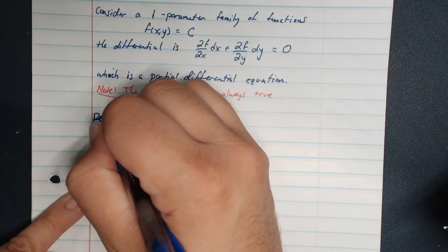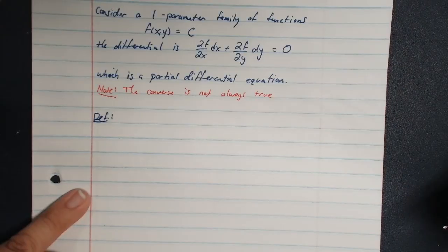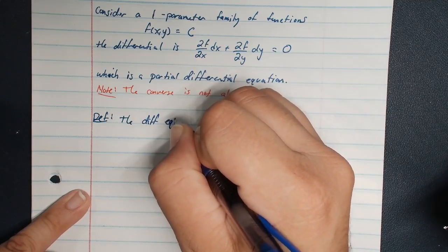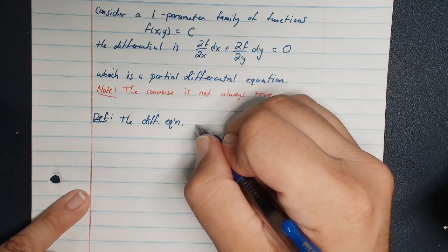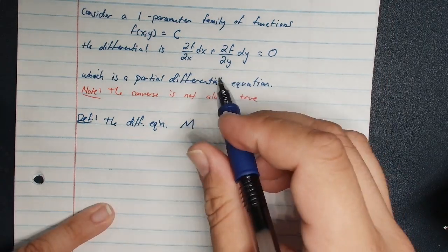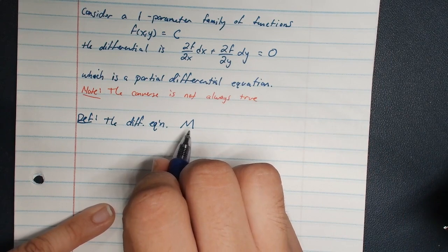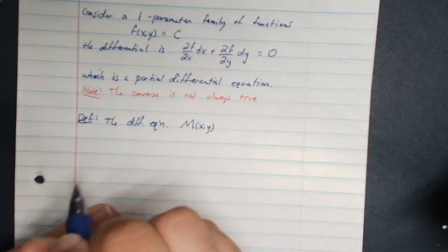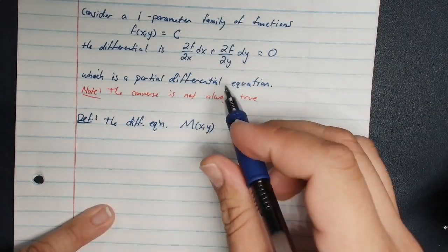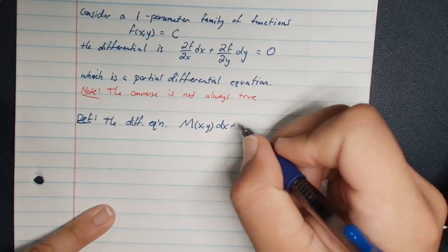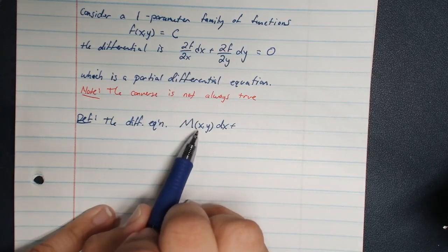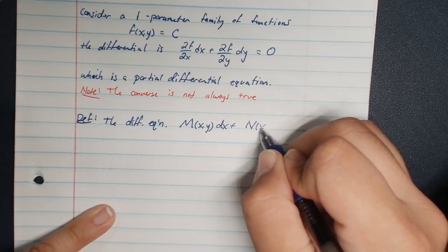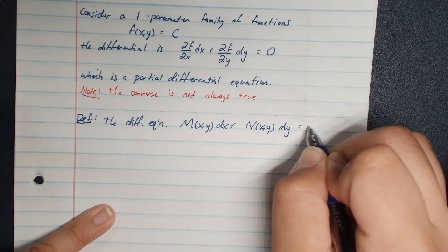Okay, so definition. The differential equation that looks like a function, and instead of saying f, we're going to use M. Why M? M is a common choice in a lot of textbooks, both in Cal 3 and in differential equations. M of xy, if you like f, that's fine, but we're going to go with M here. M of xy dx, this partial with respect to x, we're going to call it M, plus N of xy dy equals 0.